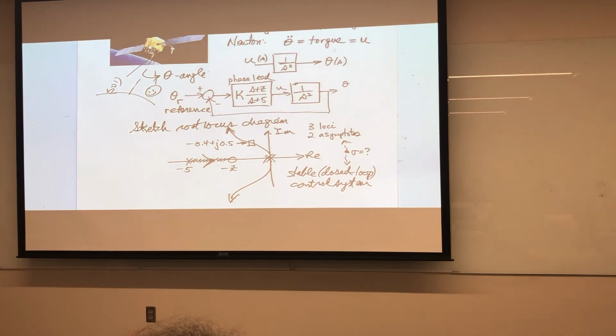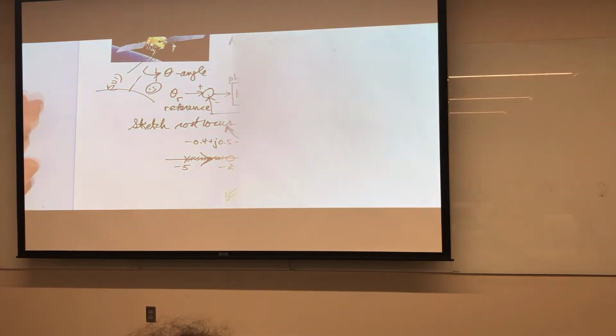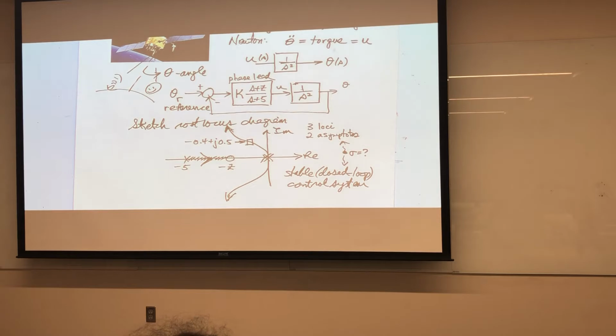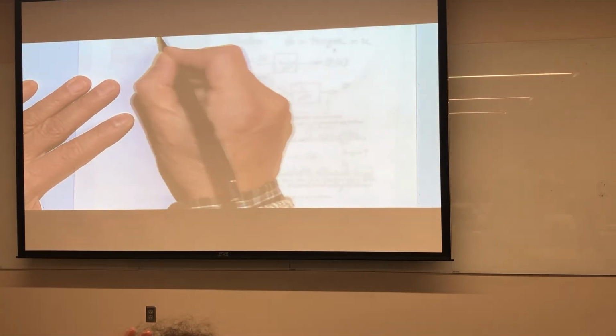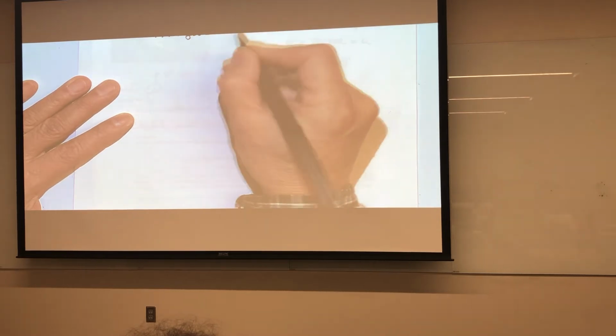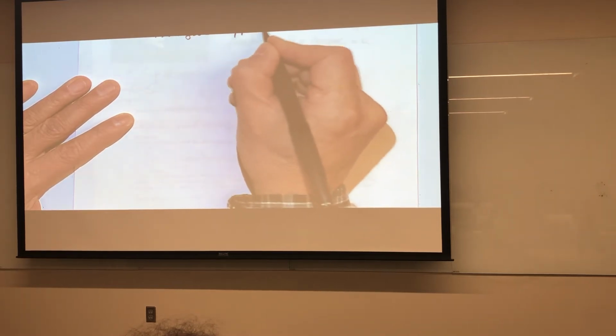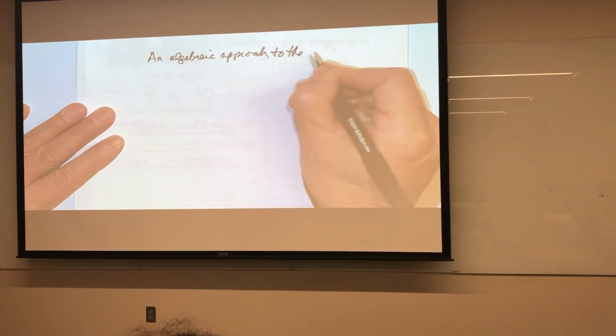We're going to go even further back in our education, and we're just going to use algebra today. Okay, so we're going to use an algebraic approach to solve this problem. Let's try to solve this problem algebraically. An algebraic approach to the solution.